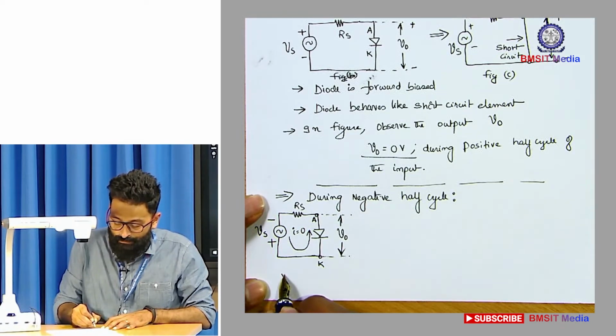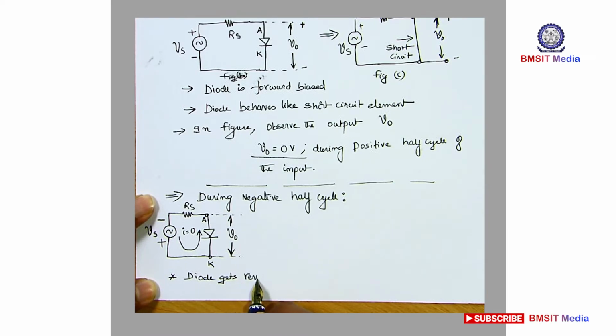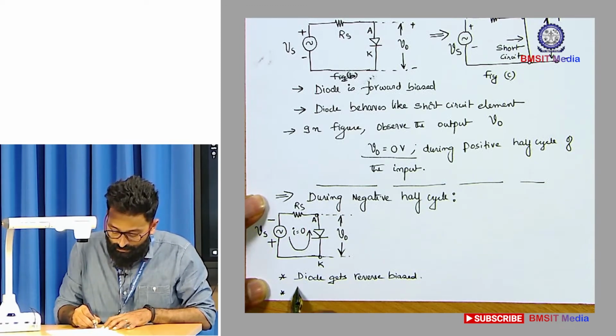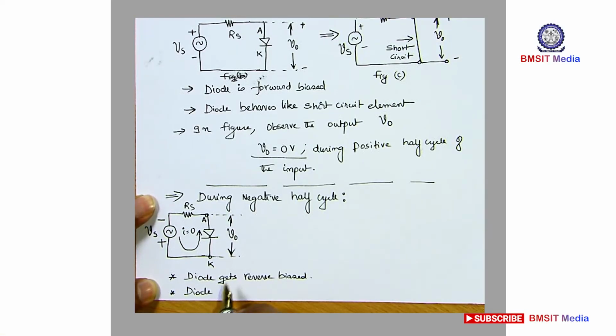So the diode gets reverse biased, and whenever the diode gets reverse biased, it can be replaced with an open circuit equivalent.